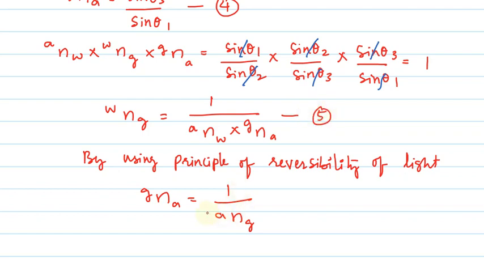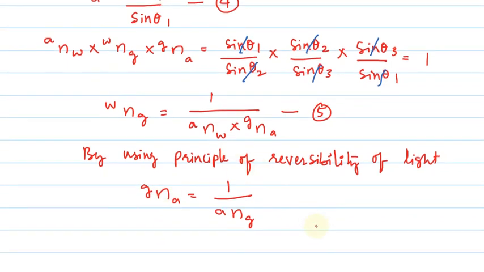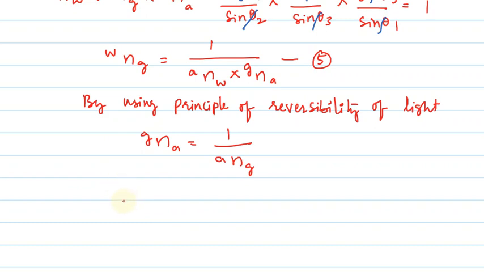If I substitute this value of refractive index of air with respect to glass in expression 5, then refractive index of glass with respect to water equals refractive index of glass with respect to air upon refractive index of water with respect to air.